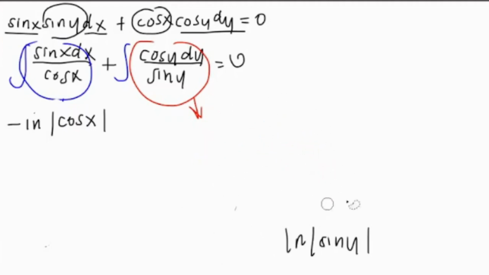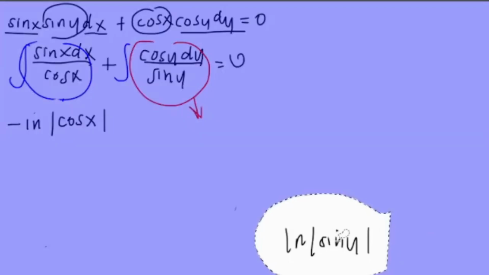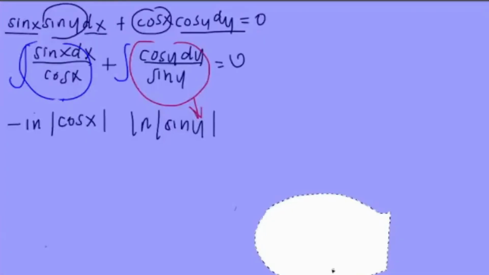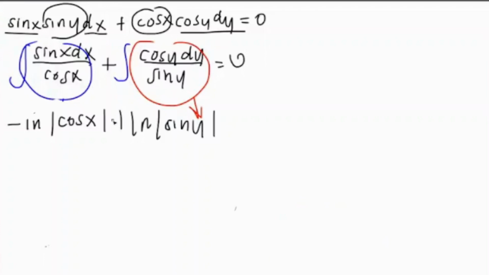Copy natin dito. So, magiging plus ln sin y is equal to c. Pero since may ln tong dalawa, pwede natin siyang gawing ln c. So, lipat natin tong negative ln cosine x sa right side para maging positive.